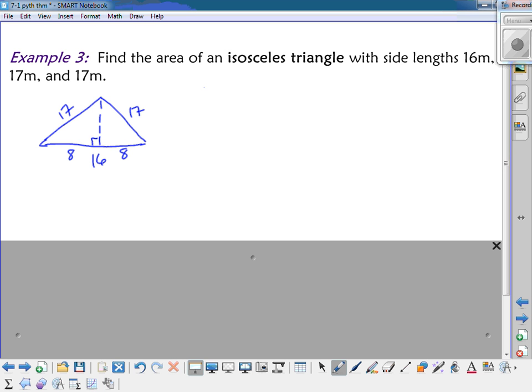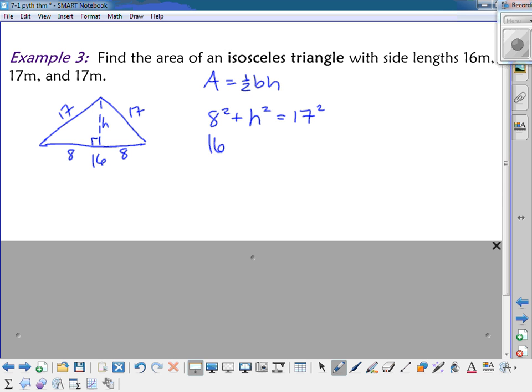And in order to find the area, what piece of information am I missing? The altitude or the height. So I need to use the Pythagorean Theorem first so that I can figure out the height. So 8 squared plus the height squared is going to equal 17 squared.